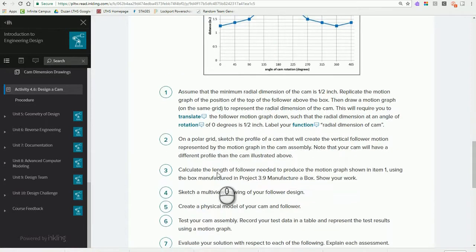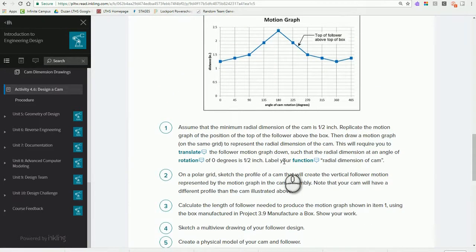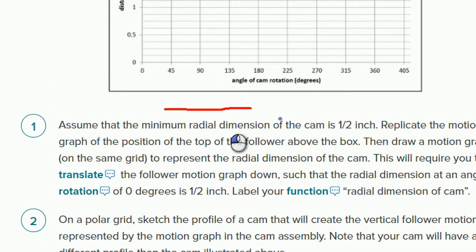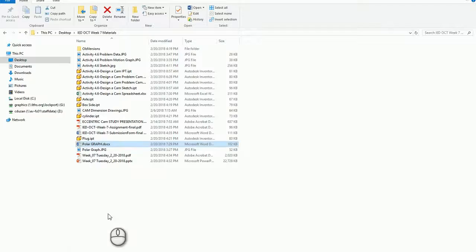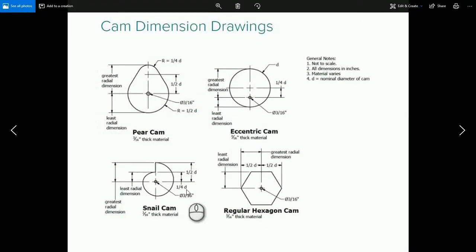It says here in part 1 to assume that the minimum radial dimension of the cam is 1/2 of an inch. We want to replicate the motion graph, the position of the top of the follower above the box. So the first thing I'd like to point out is another little vocabulary lesson here about what is the minimal radial dimension of the cam. What does that actually mean? Something that is out there in the curriculum are these cam dimension drawings.